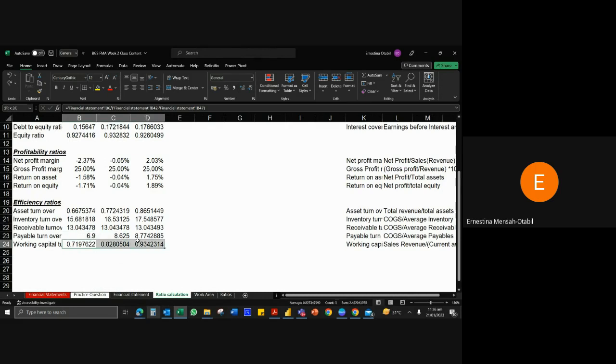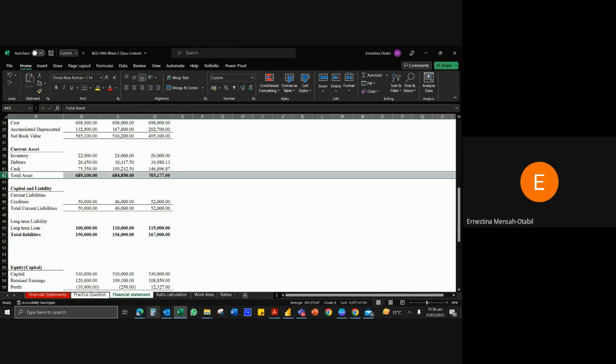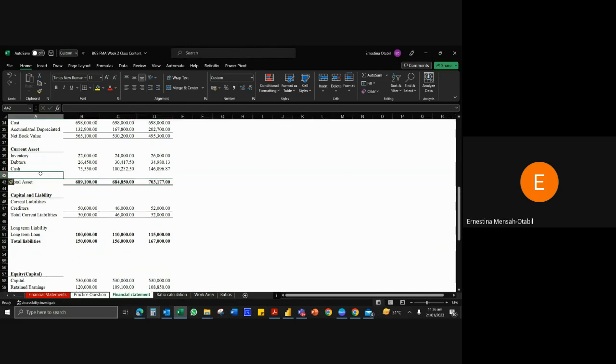It's supposed to be just current assets, not the total assets. So let me insert a column here for total current assets.